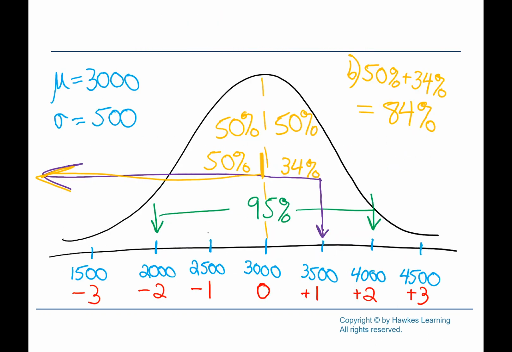So here, +1 would be 3,500 grams. That would be the max. And then -1 would be 2,500 grams. So that would be the minimum. So on C, our range of values would be between 2,500 and 3,500.